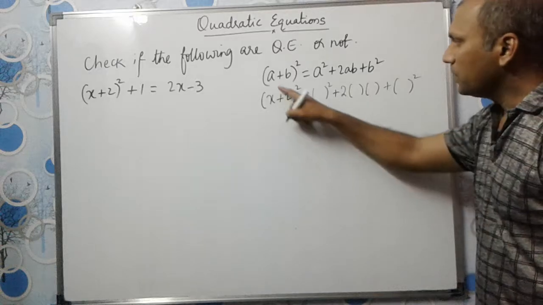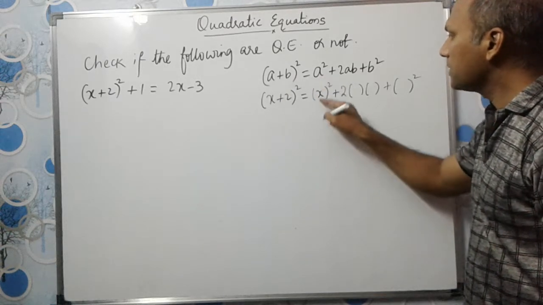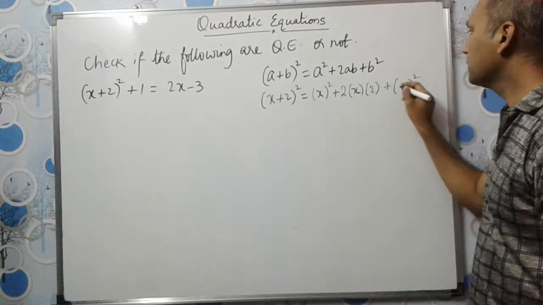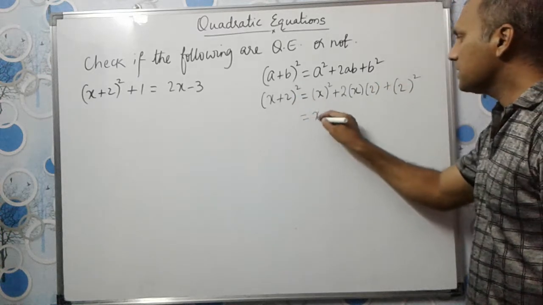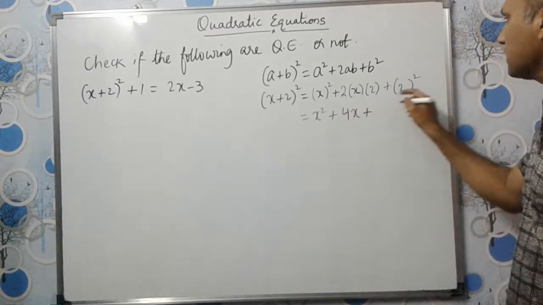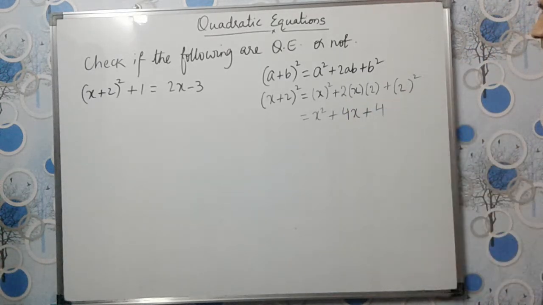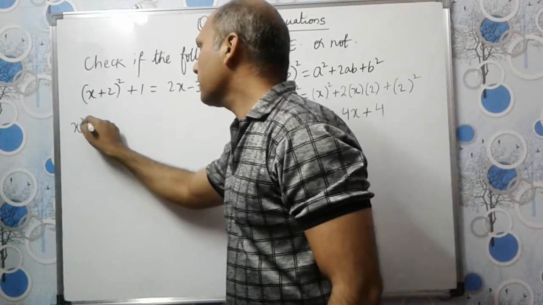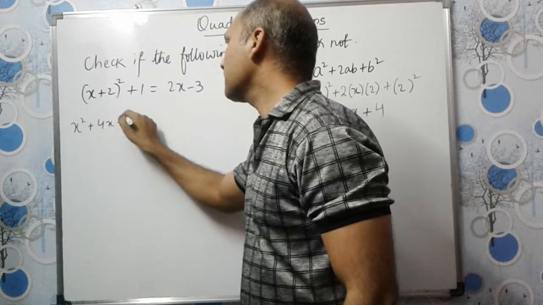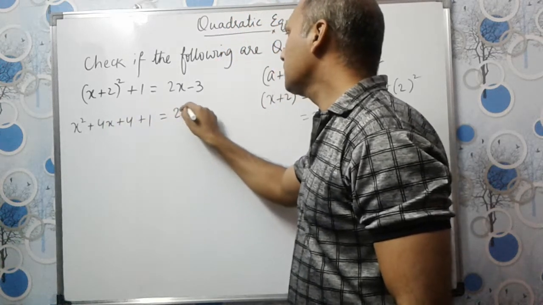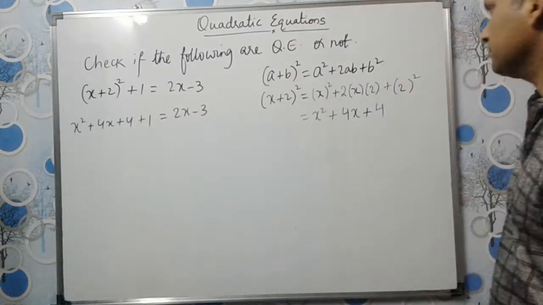In place of a we have x, in place of b we have 2. So this is x square plus 2 2s are 4, 4x plus 2 square is also 4. So this part has become x square plus 4x plus 4, plus 1 is equal to 2x minus 3.